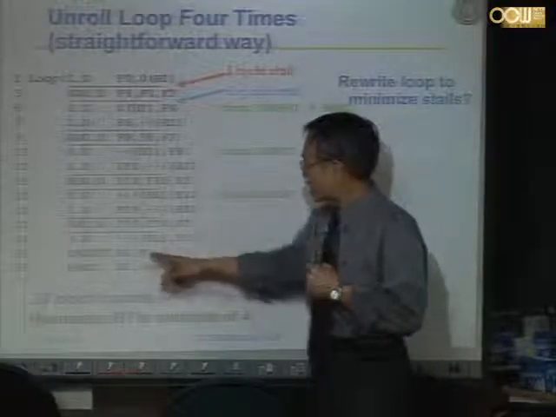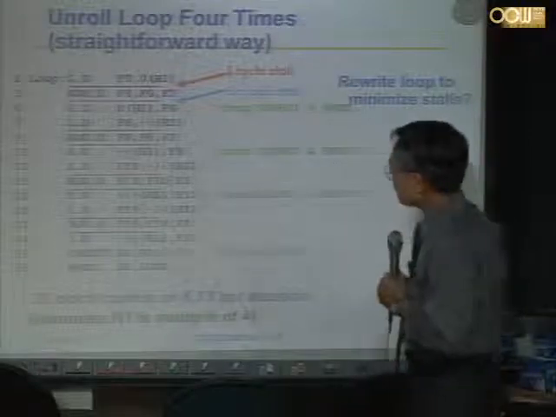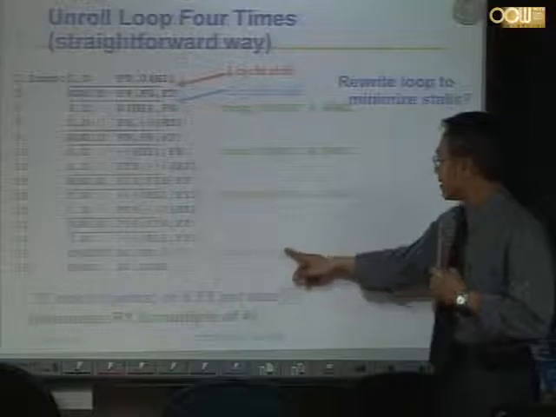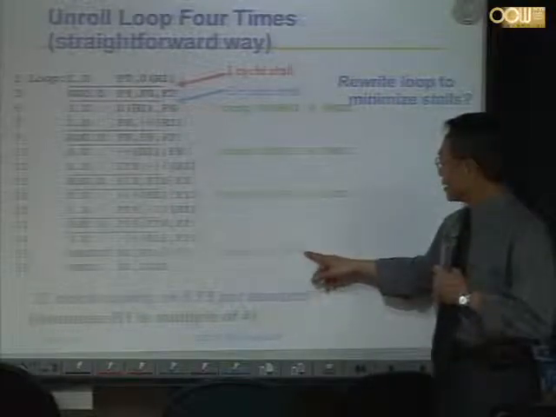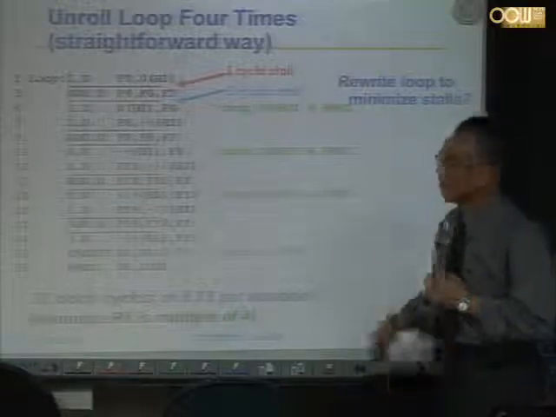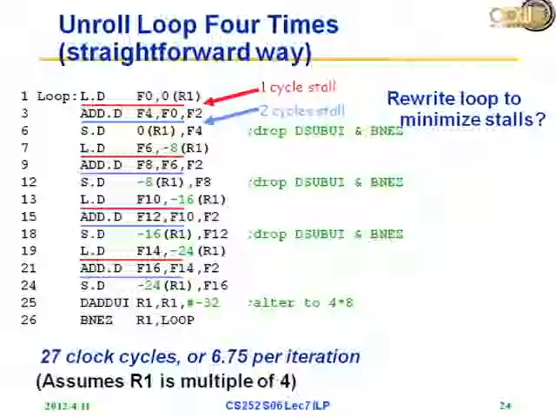Okay, so when we adjust the loop index, what did we do? We changed that from 8 to 32? Forgot. Previously, it should have been 8. Okay?